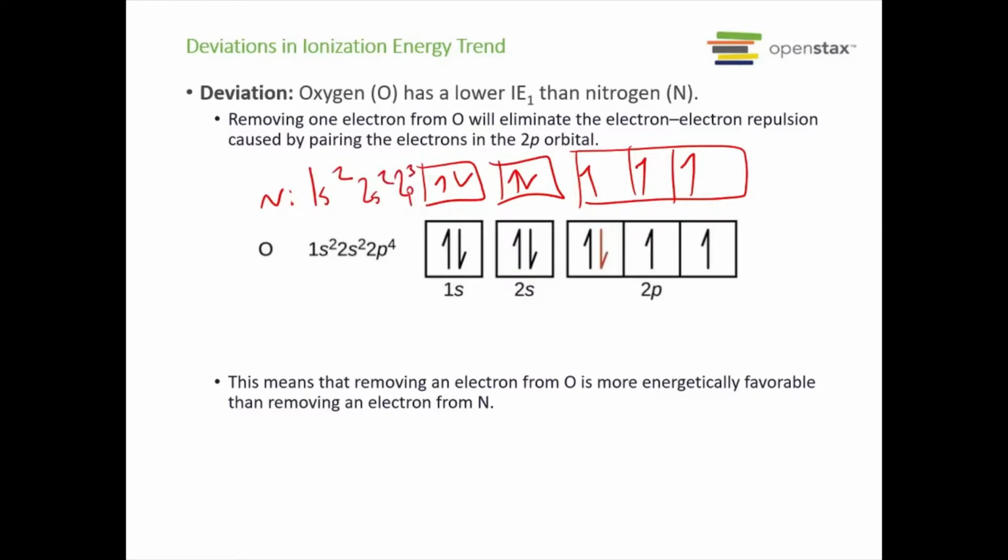And in oxygen, we have 1 pair of electrons, and it's actually a lot easier to get rid of 1 electron that's paired from that p orbital to have 3 unpaired electrons. It's a lot more stable that way. And that gets rid of the electron-electron repulsion in that degeneracy. So it's more energetically favorable to remove that 1 electron from oxygen than removing 1 from nitrogen.